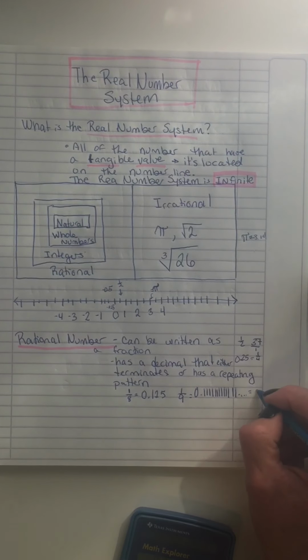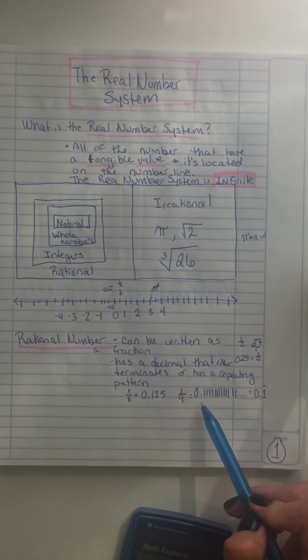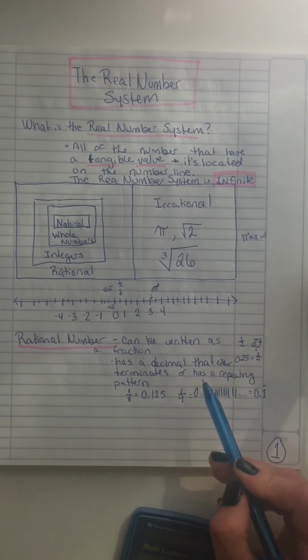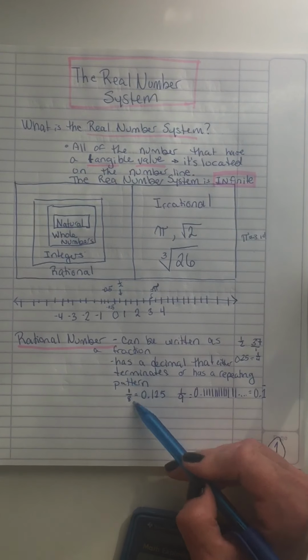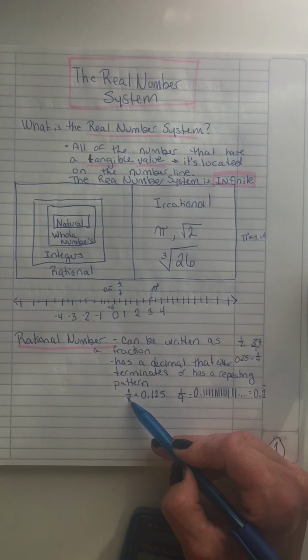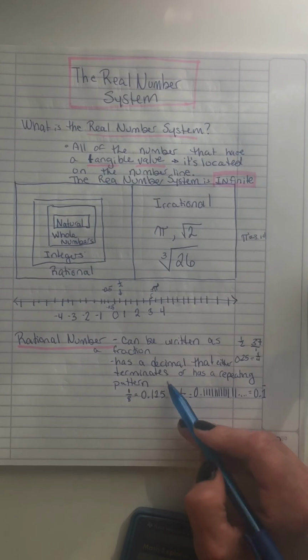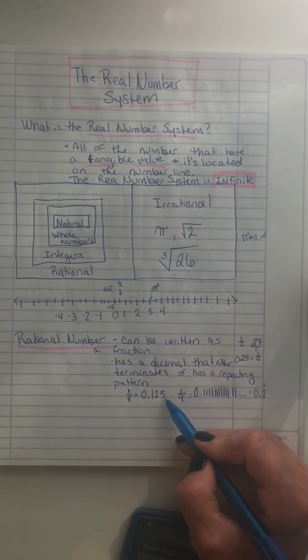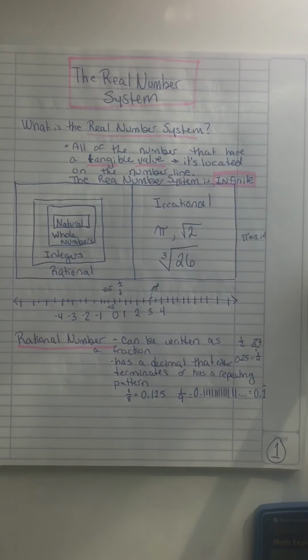So I would also write that as 0.1 with the repeat bar. That is a number that has a repeating pattern. And this is a number that has a terminating decimal. When I do the division, eventually I get to a stopping point and I get 0.25.